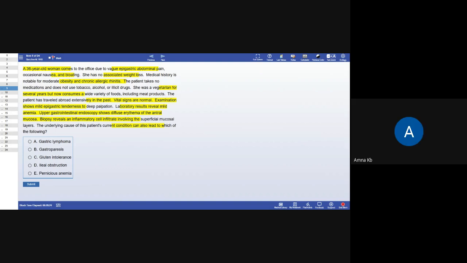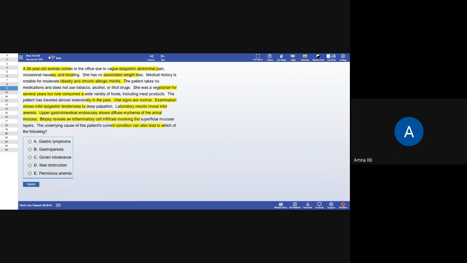It's like an ulcer, a duodenal ulcer. Very good. Some gastric ulcer. Very good. And then the gastric ulcer can cause maybe lymphoma. Yes, like if left untreated, it can progress to gastric lymphoma.